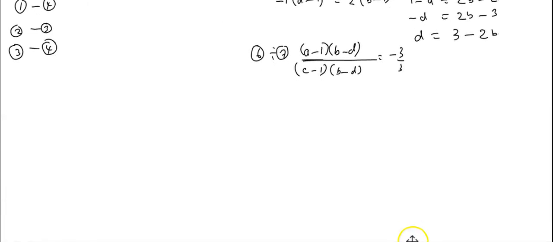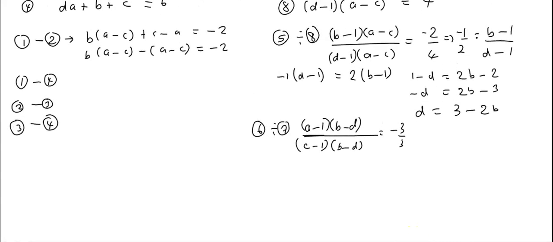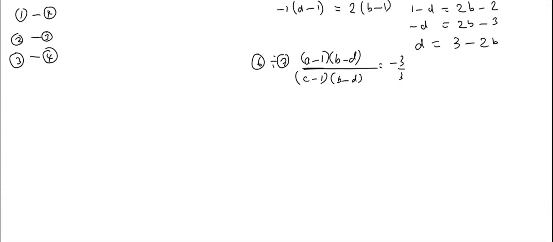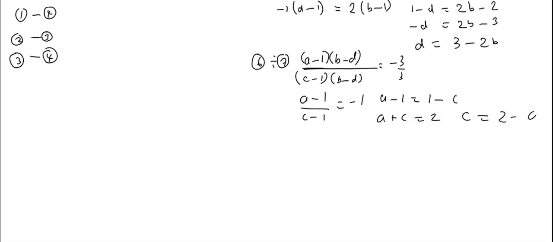And so we've now obtained these statements. We now know that A minus 1 over C minus 1 is minus 1, so that A minus 1 is equal to 1 minus C, so that A plus C equals 2, and C equals 2 minus A, just as D equals 3 minus 2B.